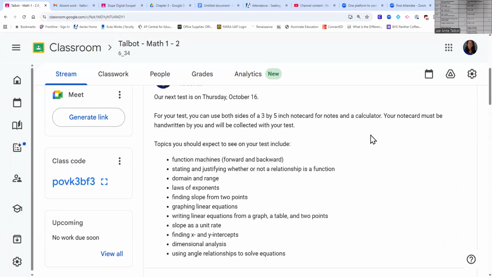Like looking at a graph, getting the slope from the triangle and b, or getting the growth from the table, finding the zero, or 2 points and doing the algebra part. Slope is unit rate. That's the one we just did with John walking toward his house. X and Y intercepts, we just did that. Dimensional analysis, your favorite. And then using angle relationships to solve equations.